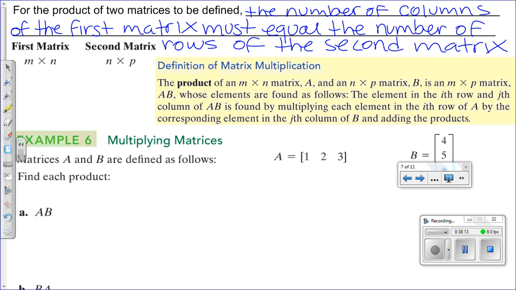And that's where I was talking about positioning the matrices one next to the other and checking that the number of columns of the first matrix is equal to the number of rows of the second matrix. So those two entries must be equal.